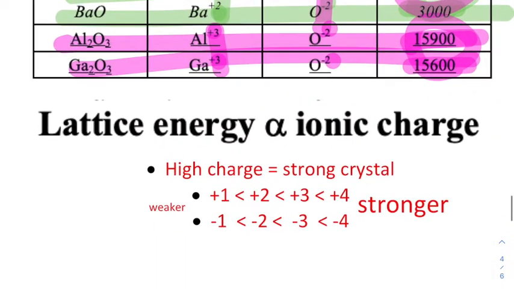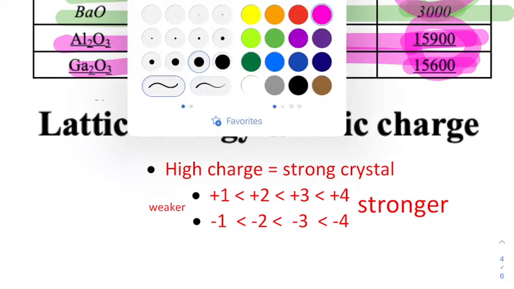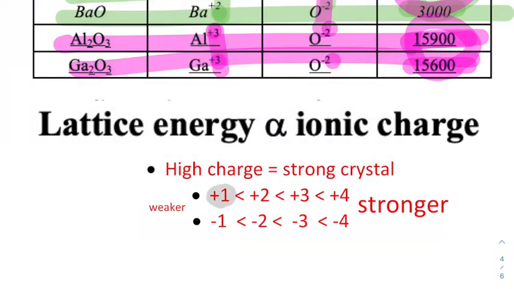So the first rule that you need to know is a pretty darn simple one. High charge equals strong crystal. And that relationship is seen right here. +1 is weaker than +2, is weaker than +3, is weaker than +4. +4 is stronger than +1 over here.